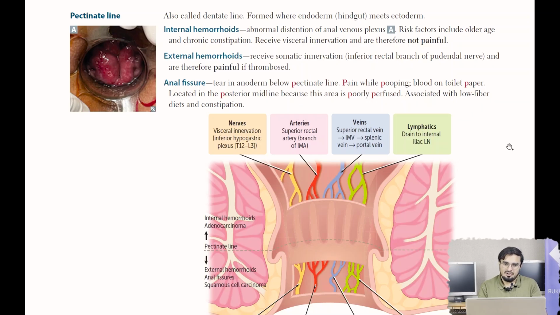Coming back to our scenario, external hemorrhoids are formed when venous plexus below the pectinate line is involved. That might happen because of any etiology. Let's say it might happen because of constipation, old age, or even cirrhosis. Then the external hemorrhoids are going to become very painful because they receive somatic innervation as they are formed from ectoderm.